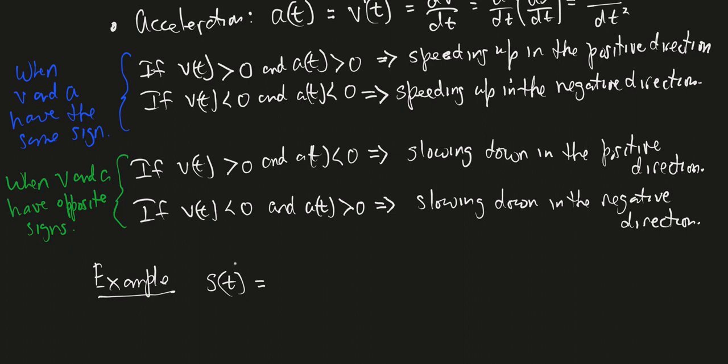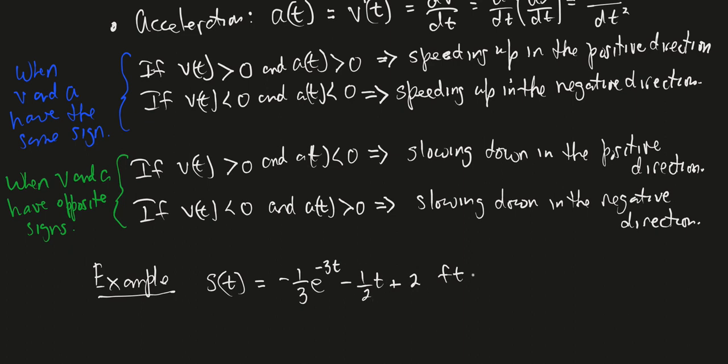So let's say here is my position function, and it's 1/3 e to the negative 3t minus 1/2 t plus 2, and let's say our position is measured in feet, right?